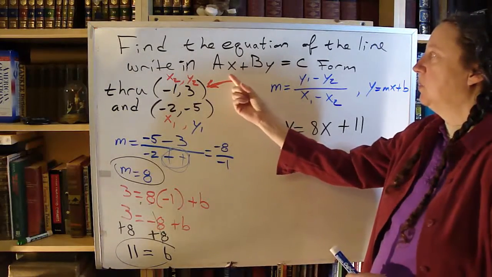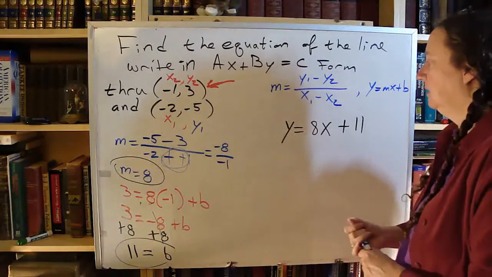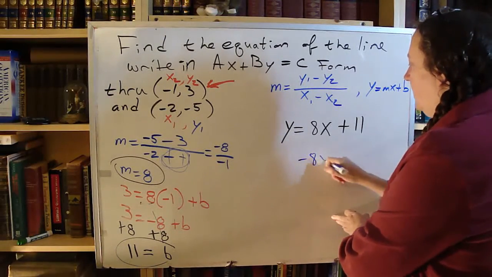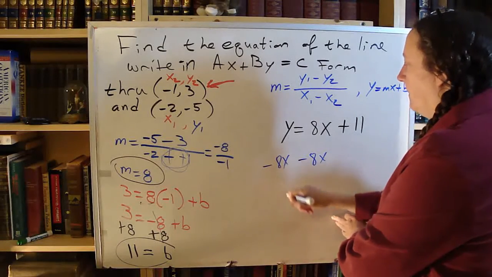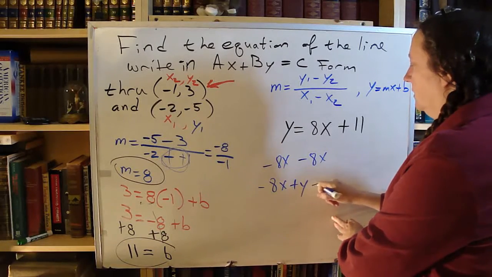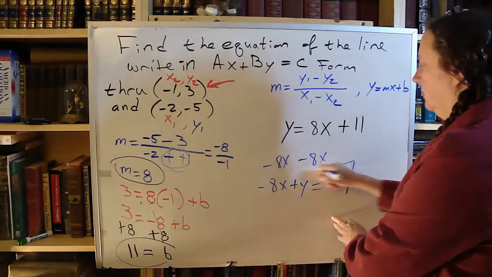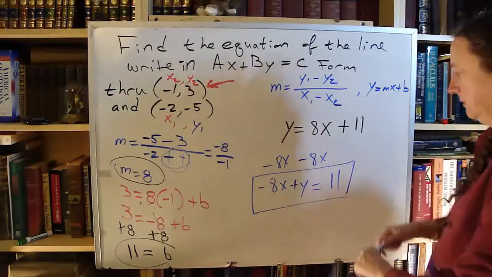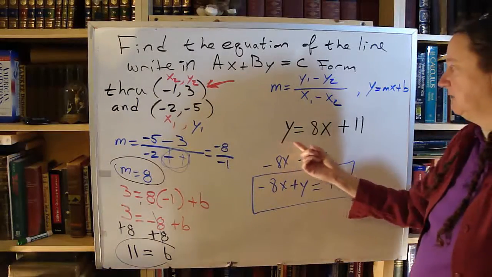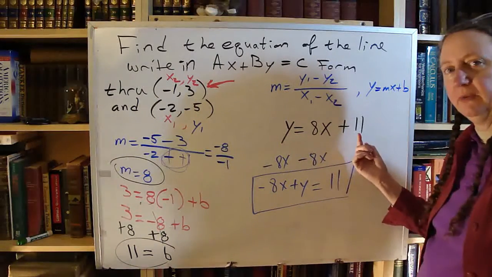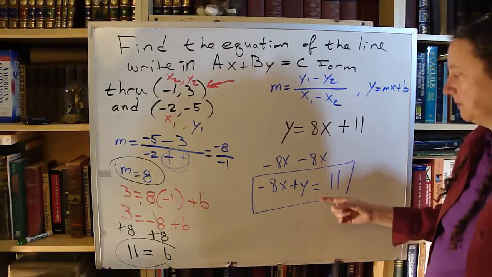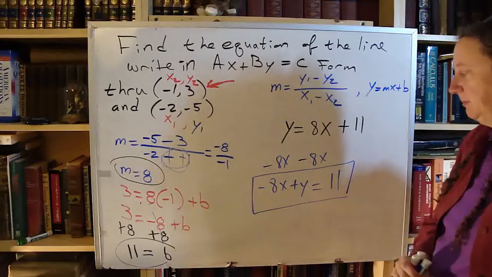They want it to be in the format ax plus by equals c. So I have one more step to do. Minus 8x on both sides. So now I have negative 8x plus y equals 11. My preference would be to just leave it as y equals mx plus b, but the book wants you to go further. The computer wants you to go further. And it wants you to put it in ax plus by equals c.